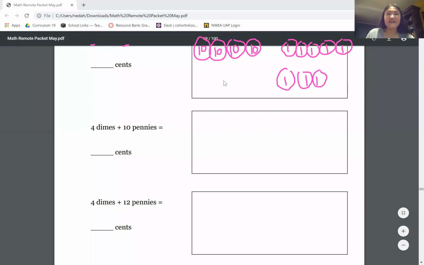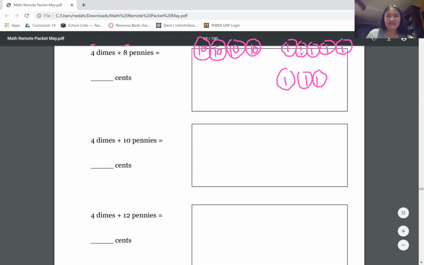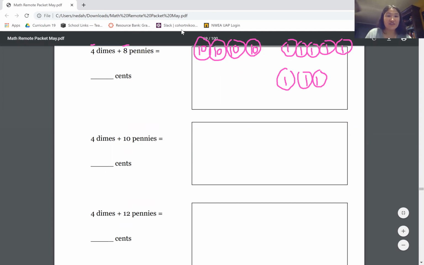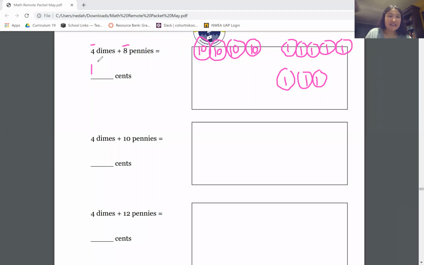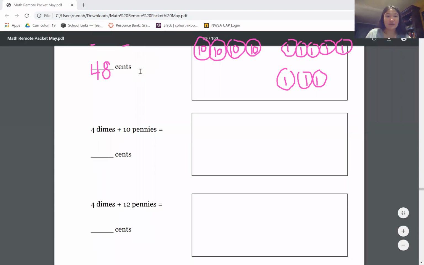So we have 10, 20, 30, 40, 41, 42, 43, 44, 45, 46, 47, 48. We have a total of 48 cents. Wow, let's try the next one.